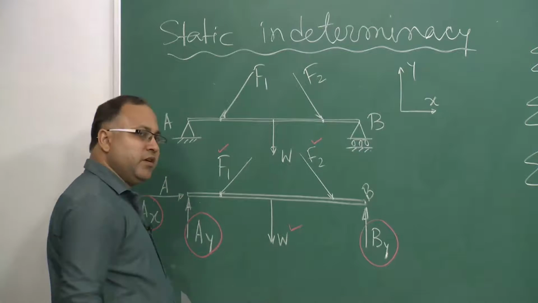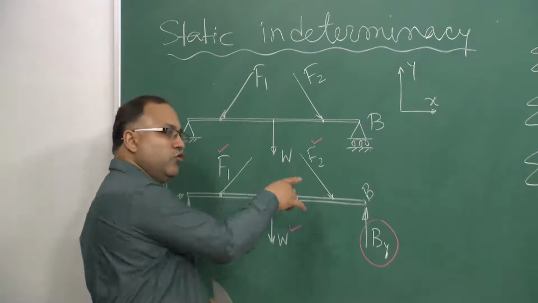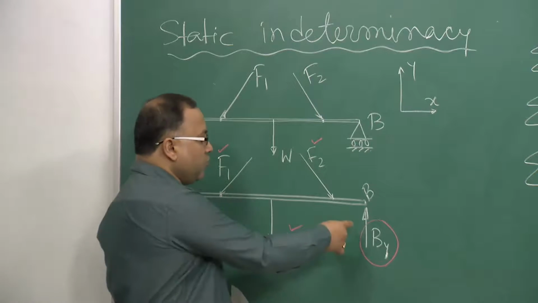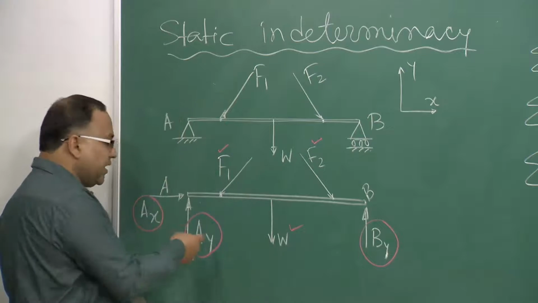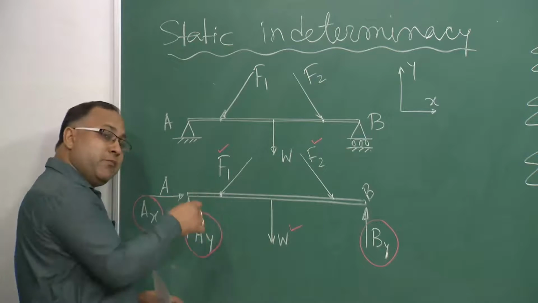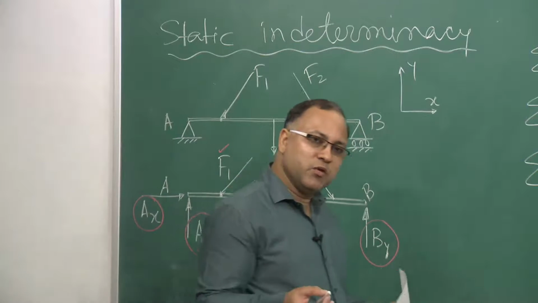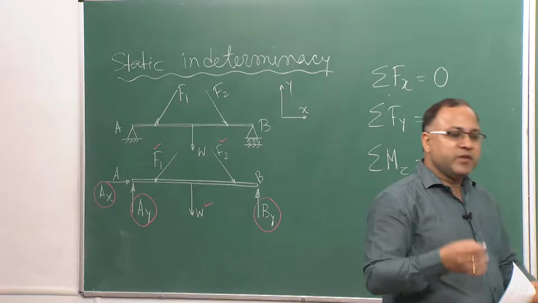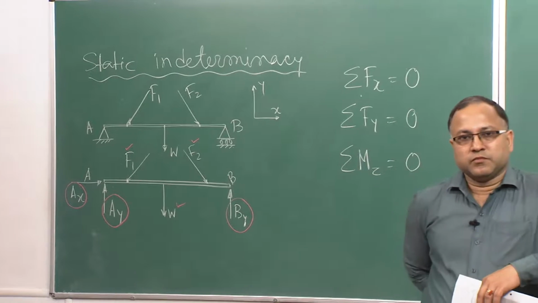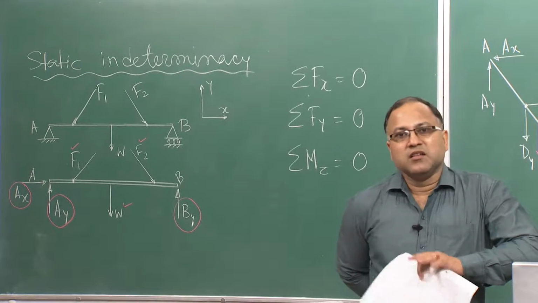Similarly, W will give a moment, F2 will contribute, and By will contribute. Ax and Ay will not contribute, because you chose that point to calculate the moment. So in that fashion you will get 3 equations.